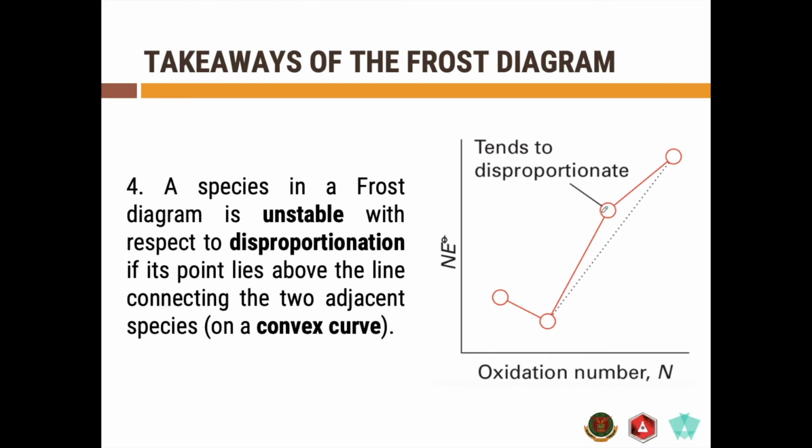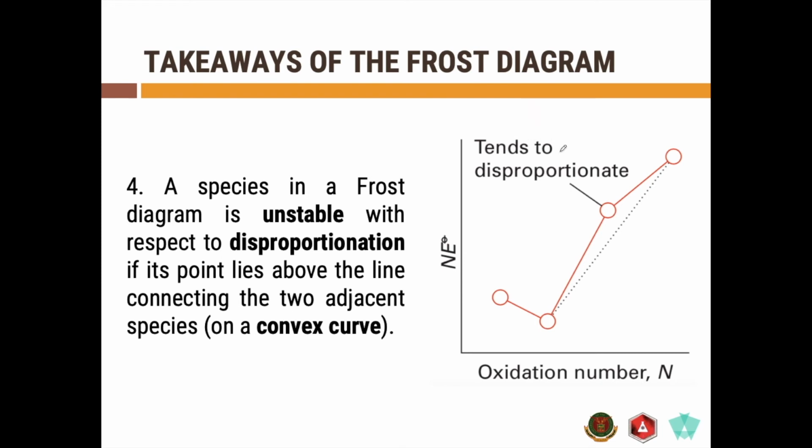And that can be supported by the fact that the Gibbs free energy of the substance of the intermediate oxidation state has a higher value than the average of the two oxidation states here, as you can see from the line connecting these two species. And that means it is more favorable for this to undergo disproportionation.